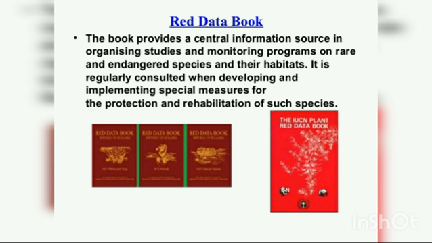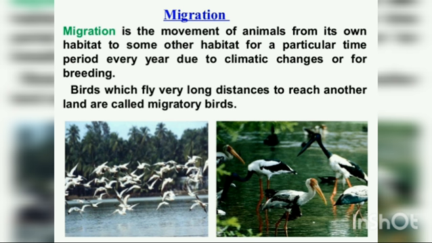Now shall we move to migration? So what do you mean by migration? Migration is the movement of birds from place to place for the purpose of laying eggs. Those are called migratory birds. Migratory birds fly to far away areas every year, in a particular season, because of climatic changes.